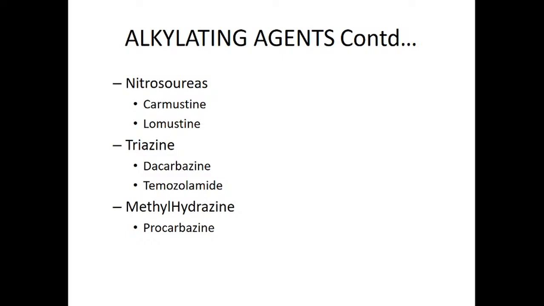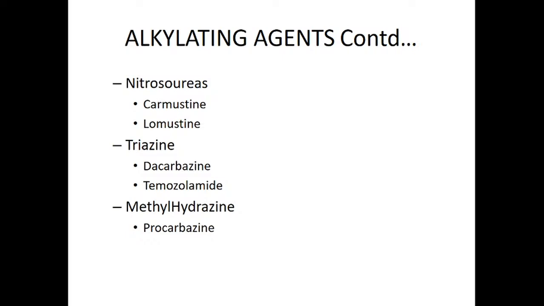Now if a person who has already taken alcohol takes procarbazine, his alcohol will get converted to aldehyde, but aldehyde will not get converted to acetic acid because the aldehyde dehydrogenase enzyme is blocked by procarbazine, and that is how the person may develop a disulfiram-like reaction. So these are the things in the alkylating agents.